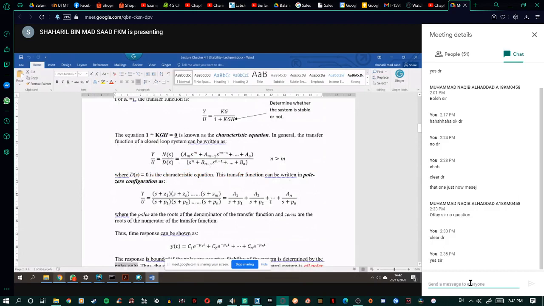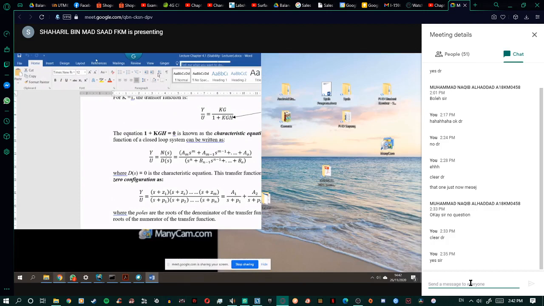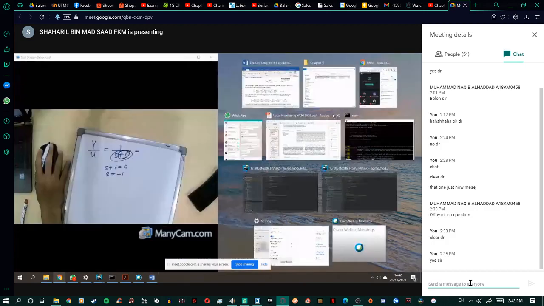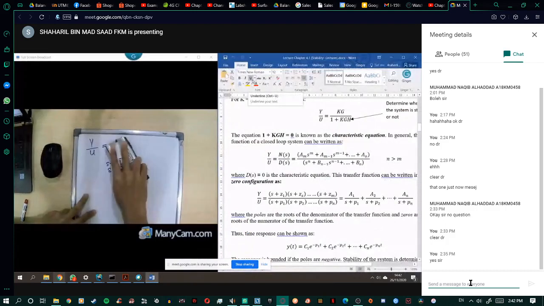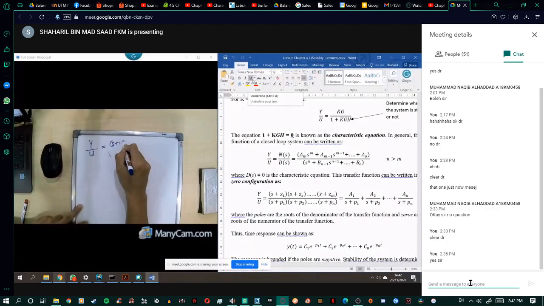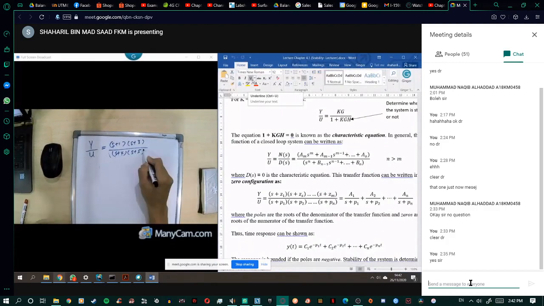Now, when you have this equation, for example, you have this kind of question: s plus 1, s plus 3 on top, and then s plus 4, s plus 5 below. The bottom ones we call poles, and the top ones we call zeros.